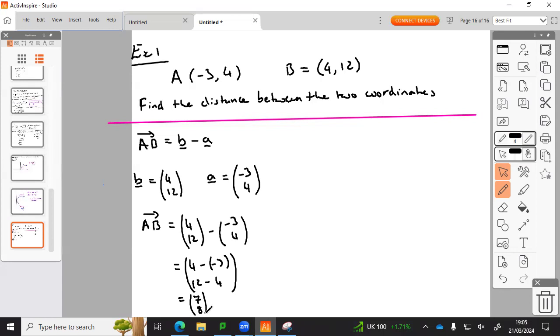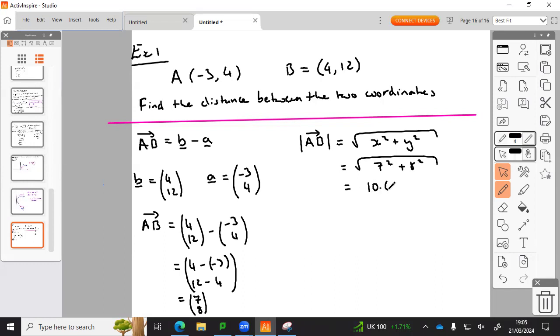The magnitude of that, so the distance between the two coordinates, just by that. So again, it's nothing difficult per se. Just put it in.